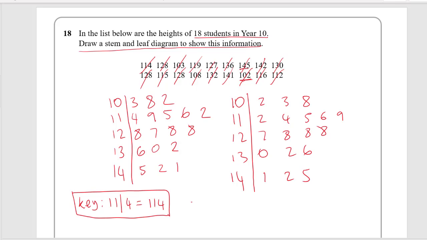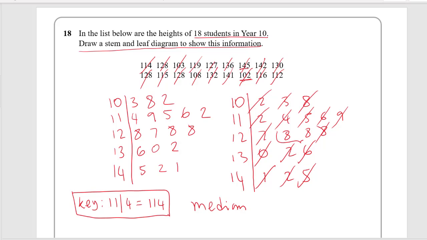Now to find the median, let's write that down. We're going to cross out the numbers from the start and the end, one each, until we meet in the middle, a bit like meeting halfway.